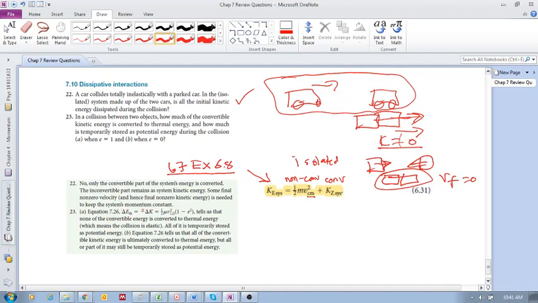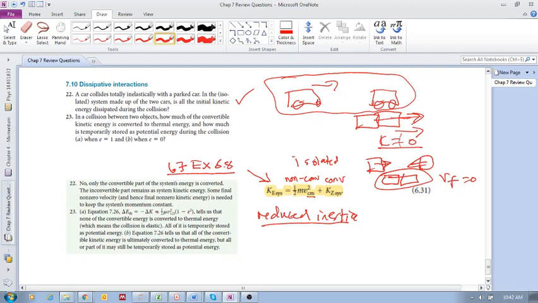It relates the change in kinetic energy to the change in thermal energy, which is equal to this equation here: one half mu, and remember mu is your reduced inertia, so make sure you know what that is, times v12i, your initial relative velocity, squared, times 1 minus your coefficient of restitution squared.